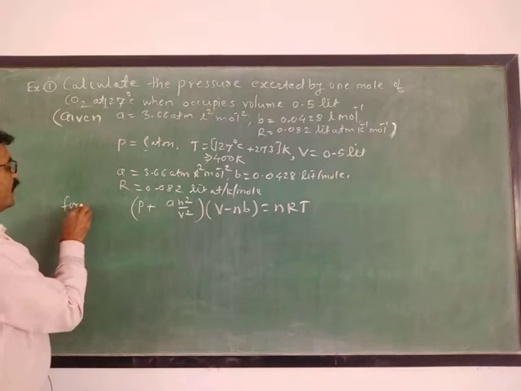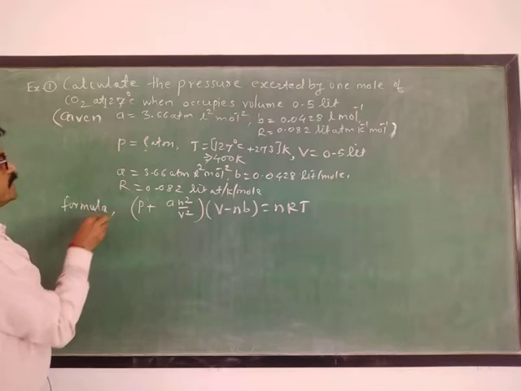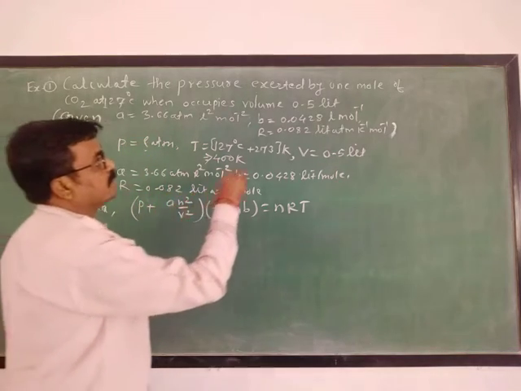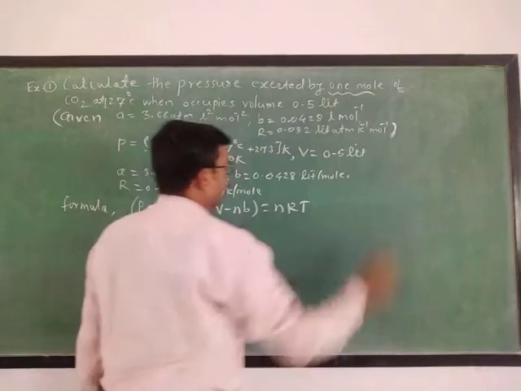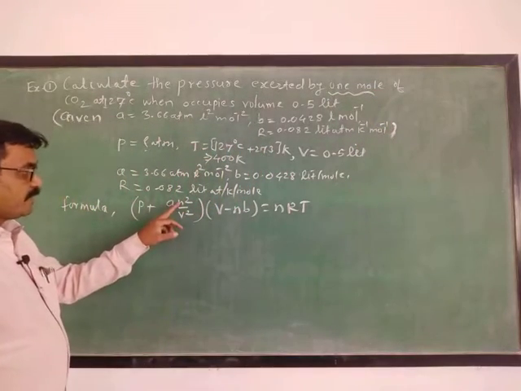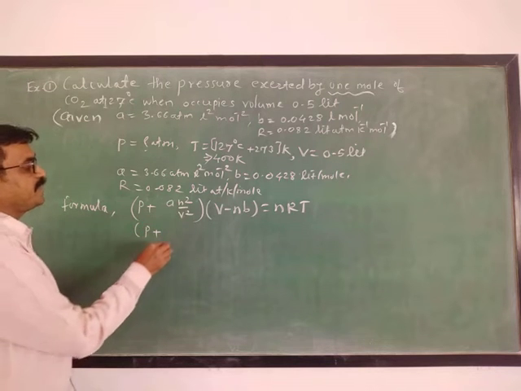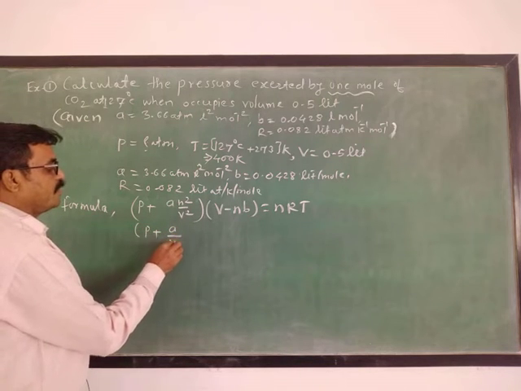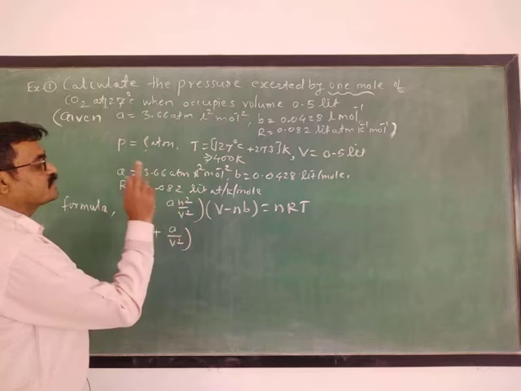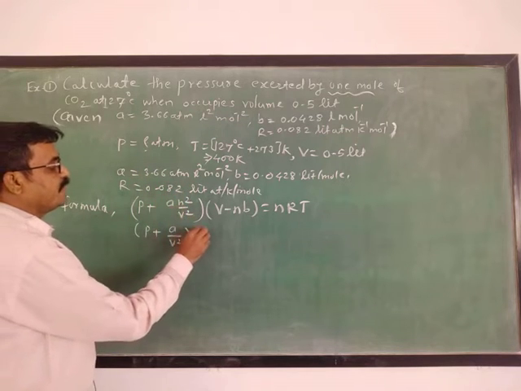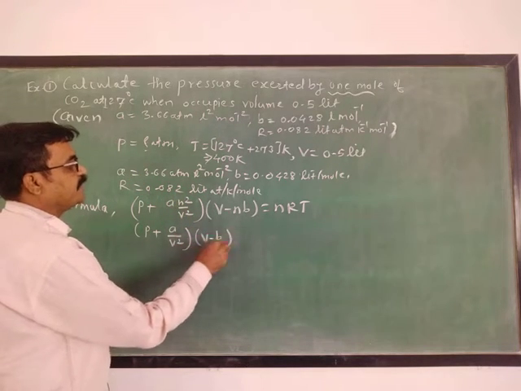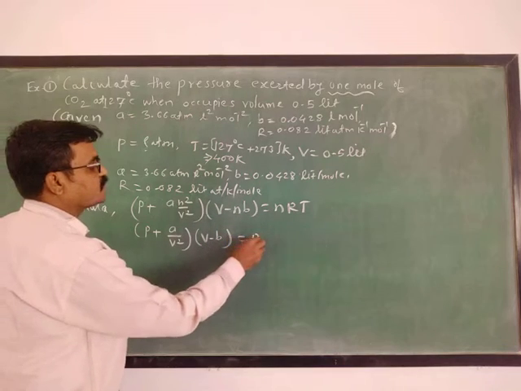But in example 1 mole of gas is given, so instead of n, if we place 1, then the equation becomes P plus A upon V square, because n square is 1, into V minus B, because n equals 1, equals RT.